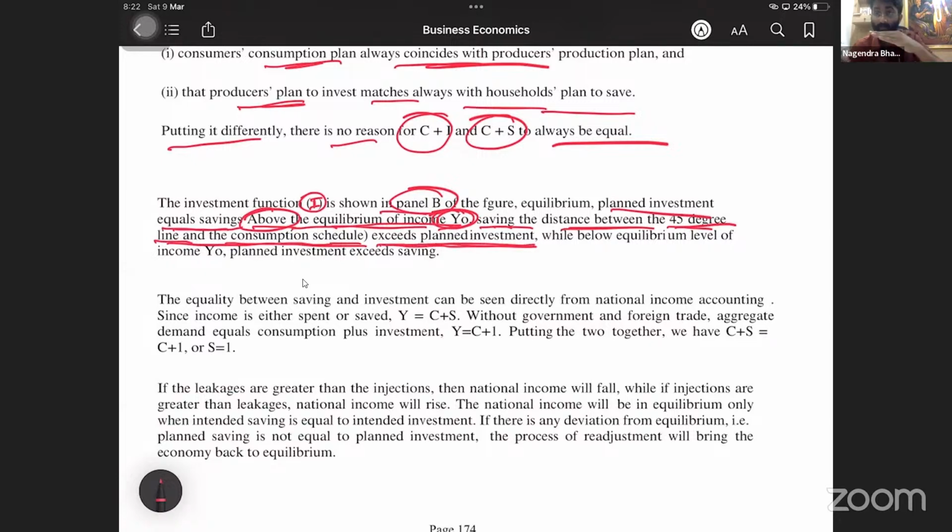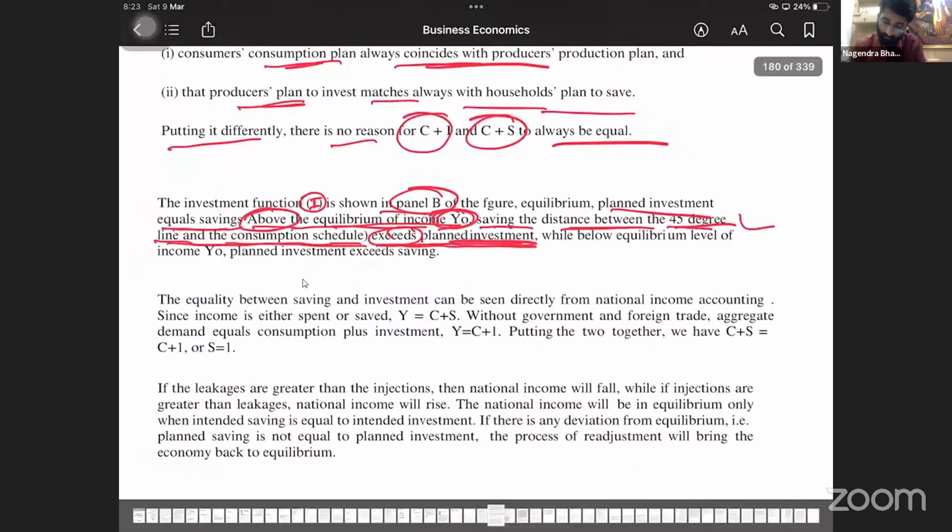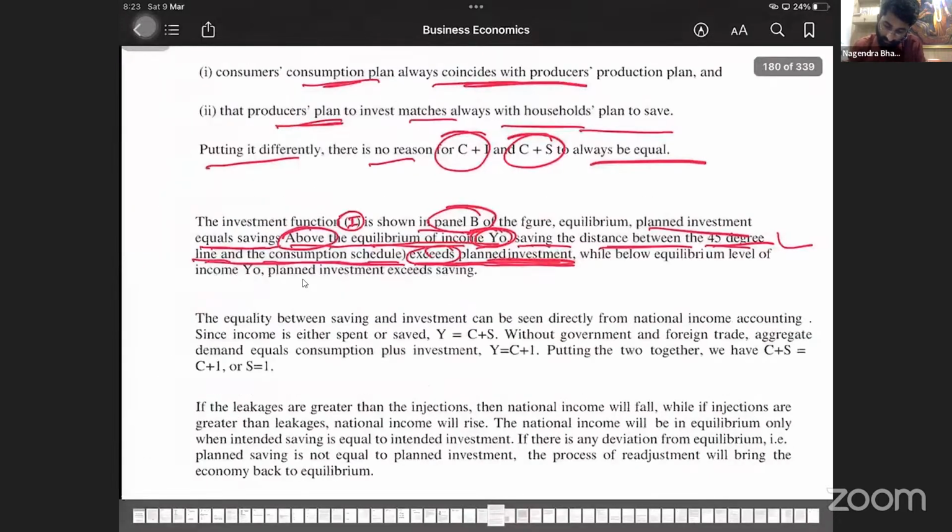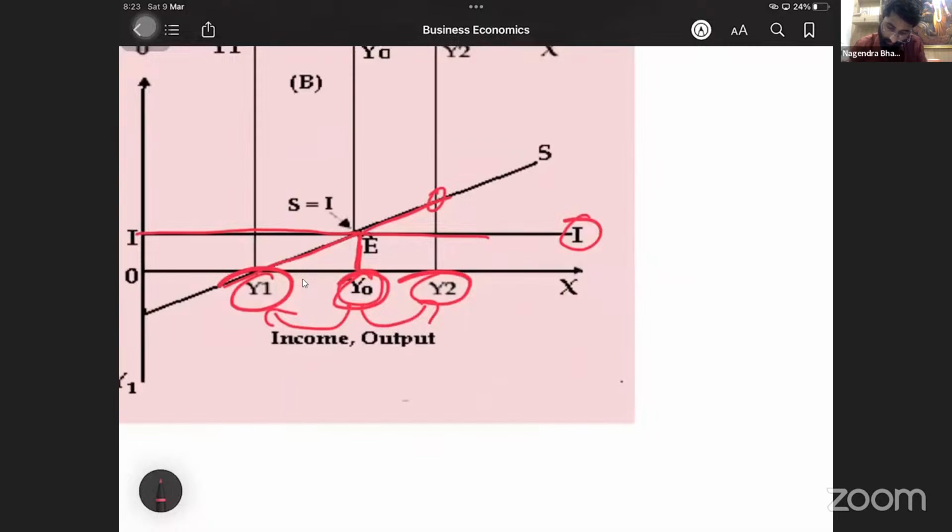That means investment falls below savings, or savings rises above investment. If your income is more than Y0, the equilibrium income, then savings is above. See, savings exceeds investment. Correct? If this income level is above Y0, savings exceeds investment.